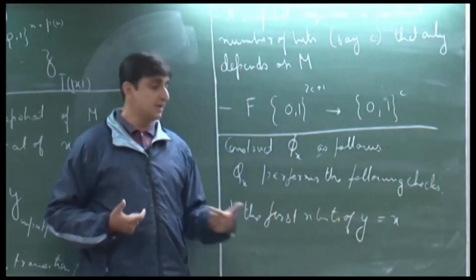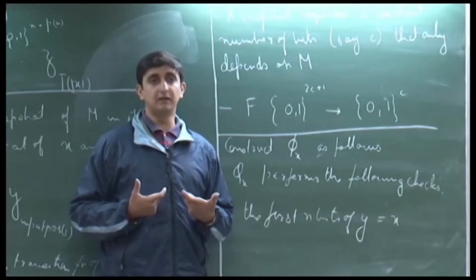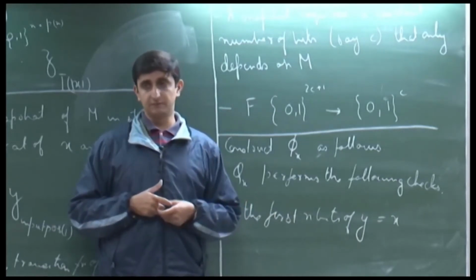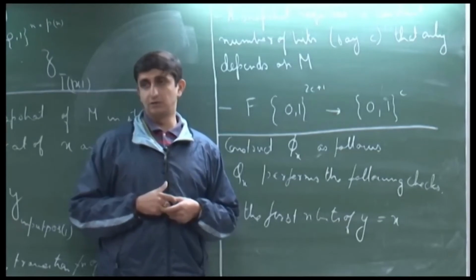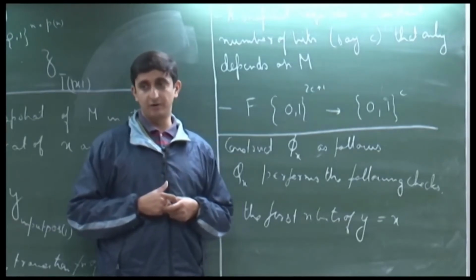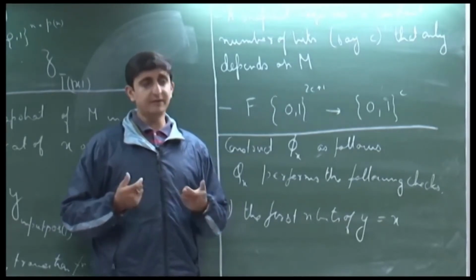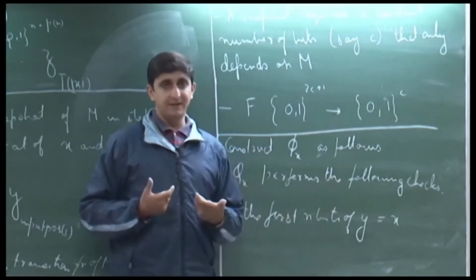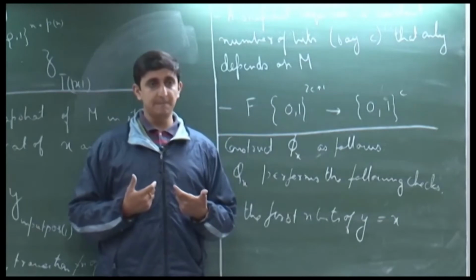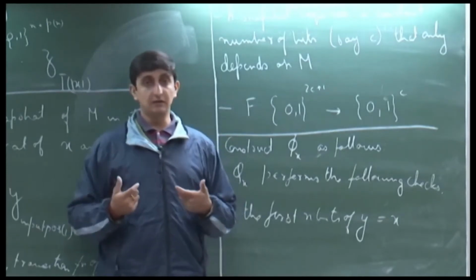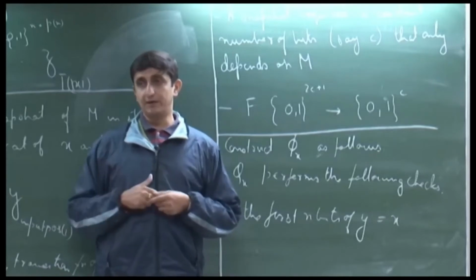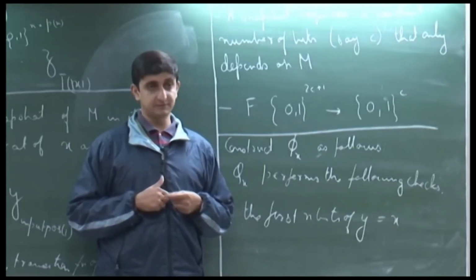The question is how do I check equality using the three operations of Boolean formula, that is and, or, and not. Suppose you are given a string x and a string y, both having n bits. How do you check if these two strings are equal or not, by constructing a Boolean formula based on these two strings?